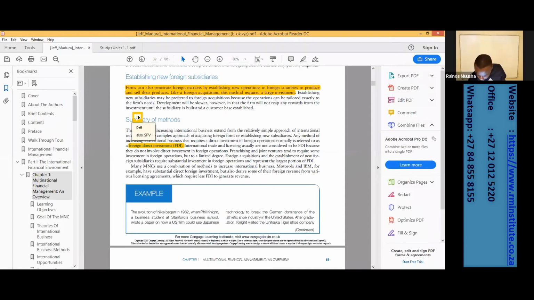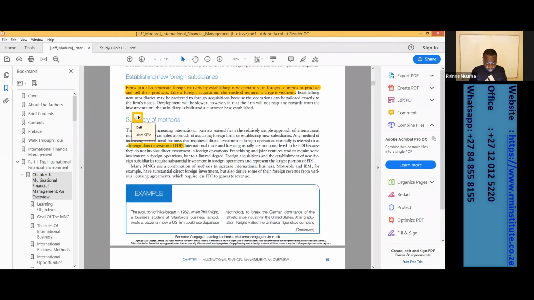The other method that is also mentioned in the new textbook is establishing a special purpose vehicle. And when you look at a special purpose vehicle, this is a subsidiary company that is formed to undertake a specific business purpose or activity.